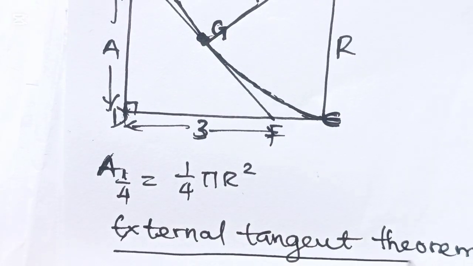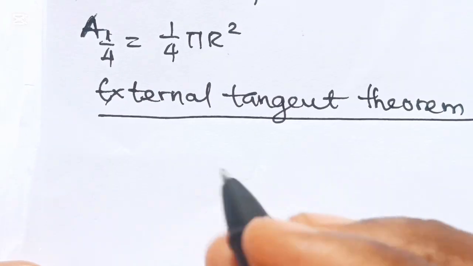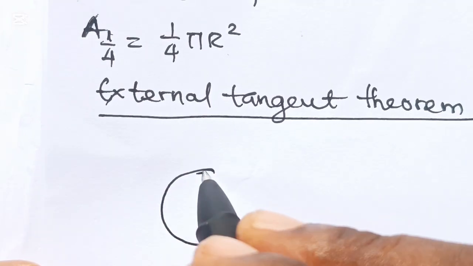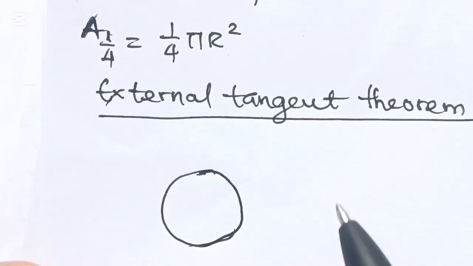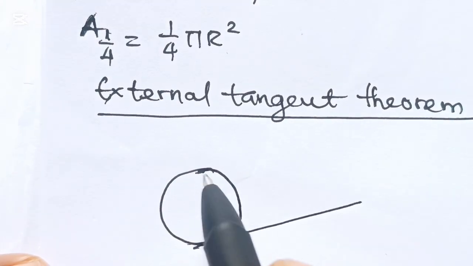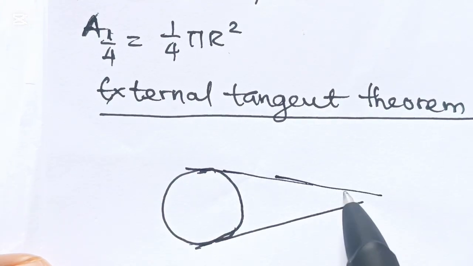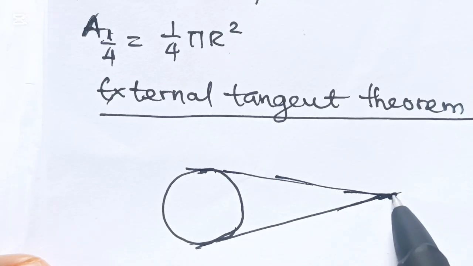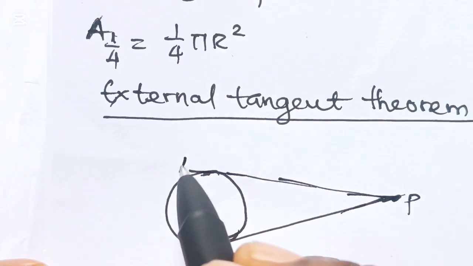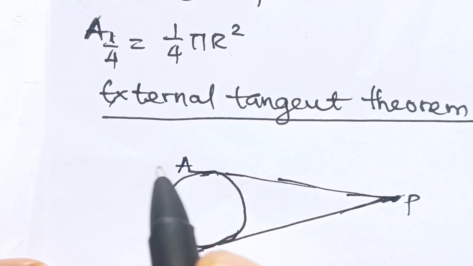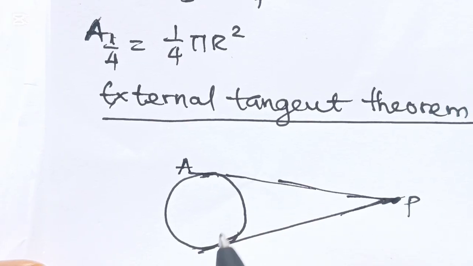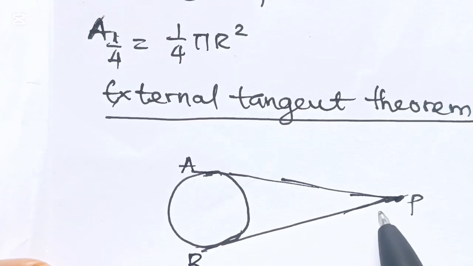Now, what does this theorem say? It says that in a circle, if we have two tangents like this, and these two tangents meet at point P, let's call this tangent AP, and let's call this tangent BP.